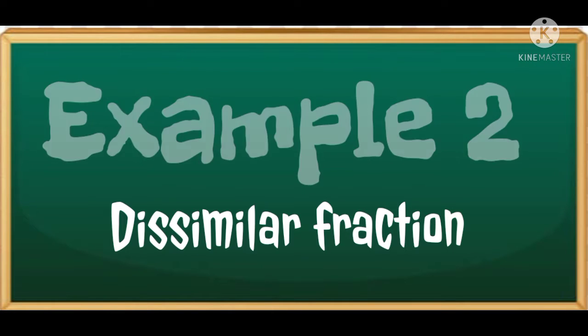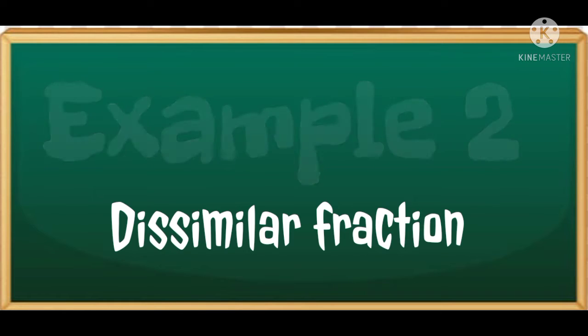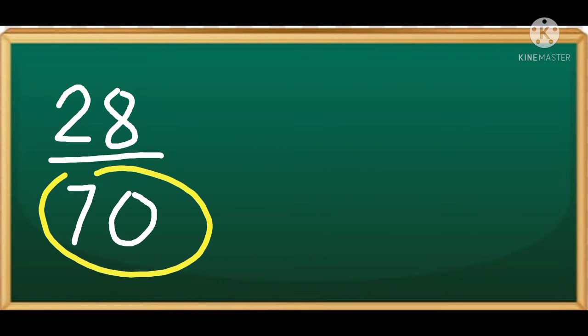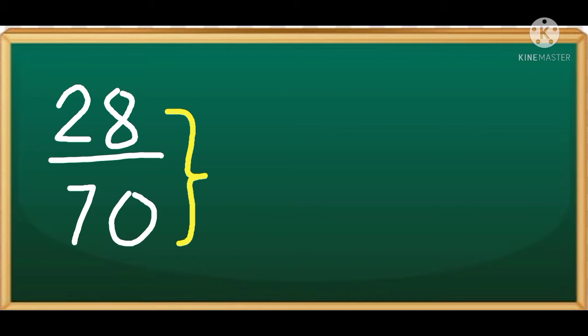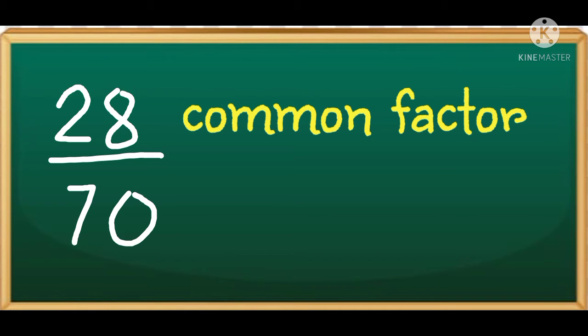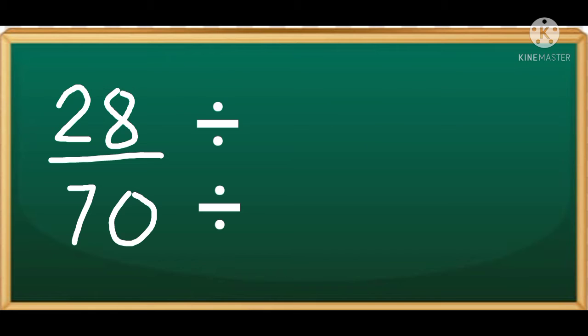Let's have another example. Sometimes, the bottom number does not divide by the top number, but they both divide by some other number. In mathematical terms, this means that they have a common factor. In such cases, divide both numbers by the common factor until one or both are either prime numbers or they have no more common factors.